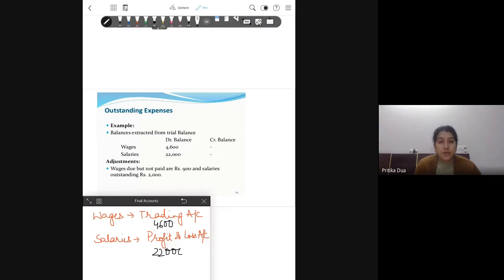Okay, now after the trial balance has been prepared on 31st March, there was some adjustment which was left, which is given as wages due but not paid. I'm just writing it here, is 900, while salaries outstanding, that is again salaries due but not paid, is 2000.